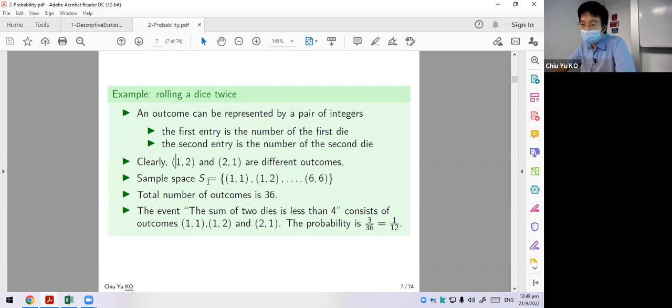And the event, it will be more fun. Many things can be an event. Say, for example, the sum of the 2 entries is less than 4. This simple statement actually means just an event that consists of 3 outcomes: 1, 1, 1, 2, and 2, 1. Because 2, 2 is already not less than 4.